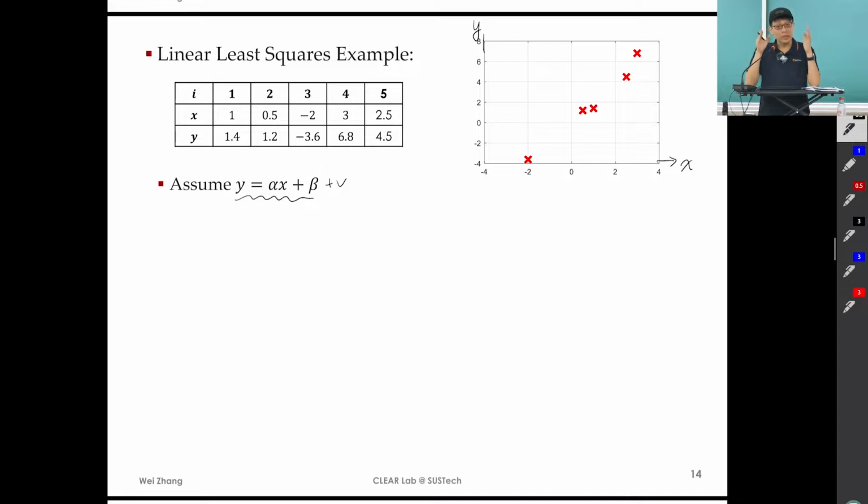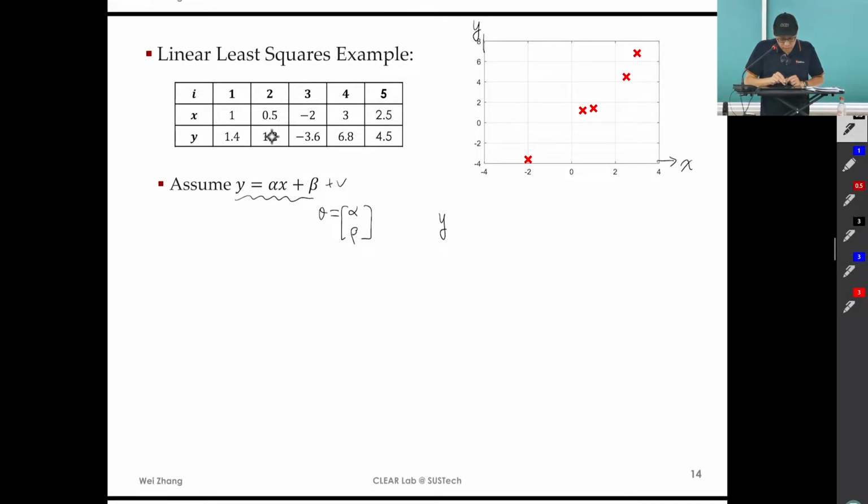These are input-output relation variables. So the parameter is alpha and beta. Let's say theta is alpha and beta. We like vectors, we want to put everything into a vector. That's our theta.